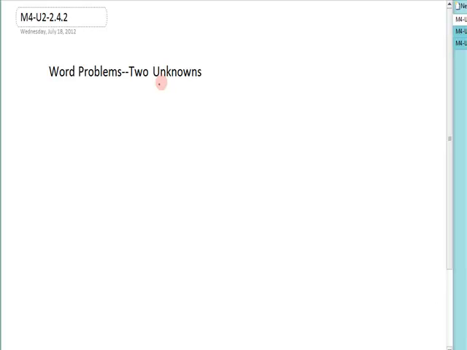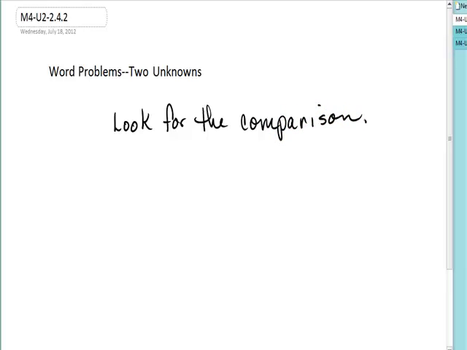So when there are two unknowns, you want to look for the comparison. And by that I mean one number is 5 more than another, one number is half of another, one state has 16 more electoral votes than another. So you're looking for some kind of comparison.